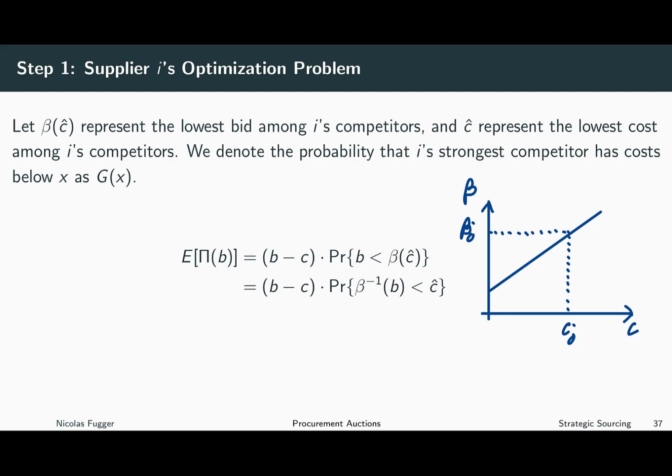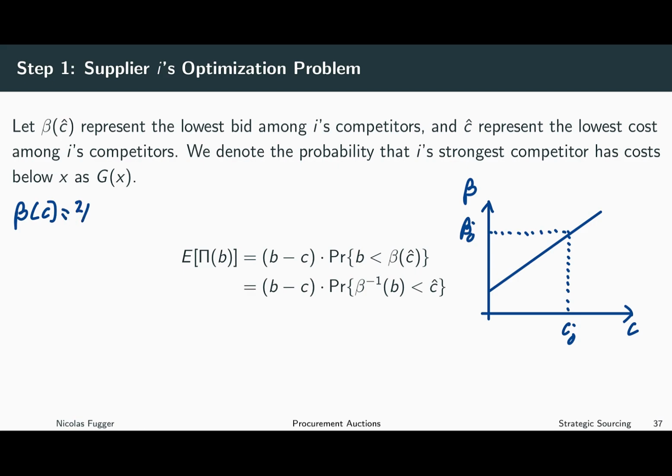Okay, so the probability that my bid is smaller than the bids of all others is equal to the question of what is the probability that all others have costs such that they place a bid that is larger than my bid.